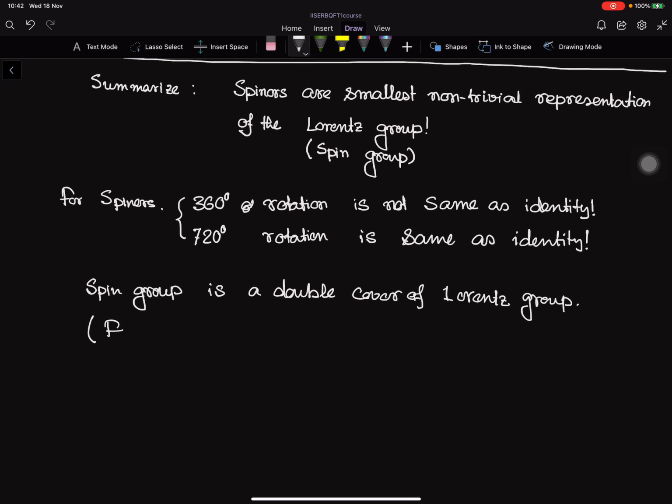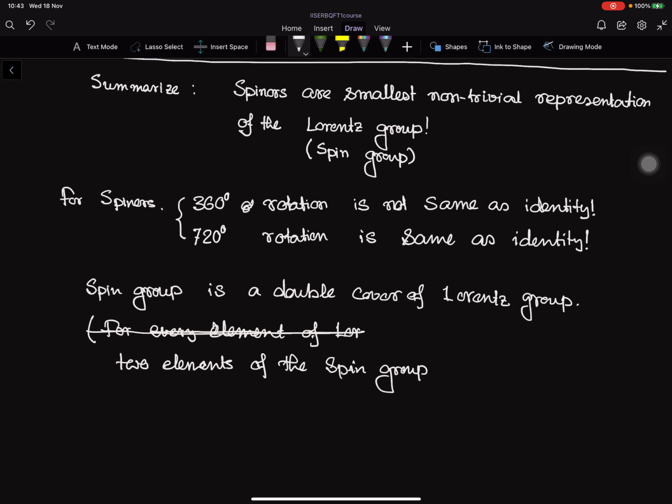This means that for two elements of the spin group, they map to one element of the Lorentz group.